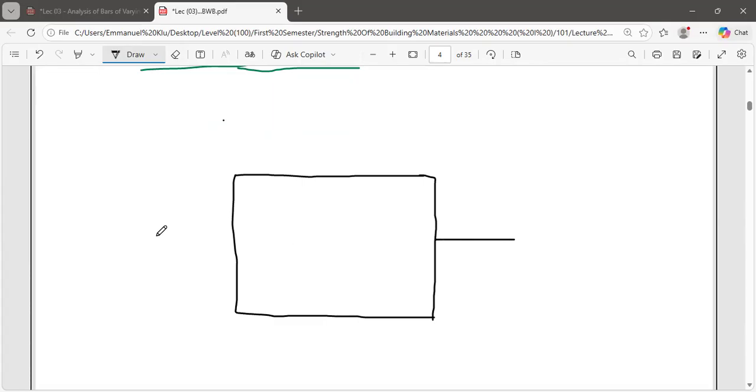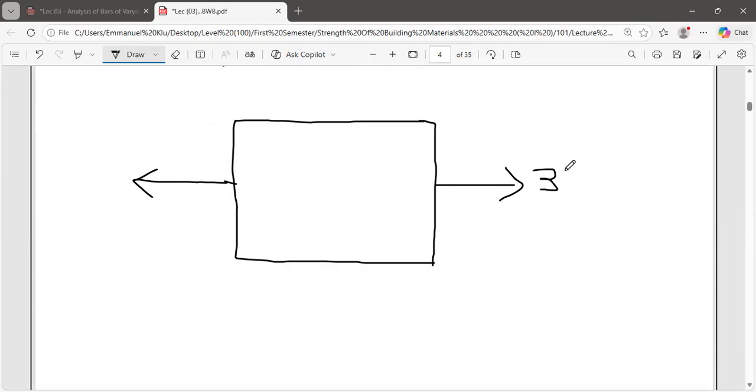Since they are all in tension, we maintain the same for all. So here 35,000 Newton. Here it also became 35,000 Newton. For space purpose, if I write 35 kilonewton, don't get mad at me.